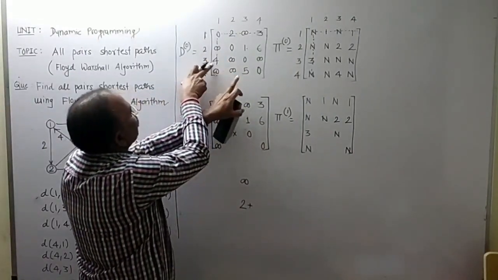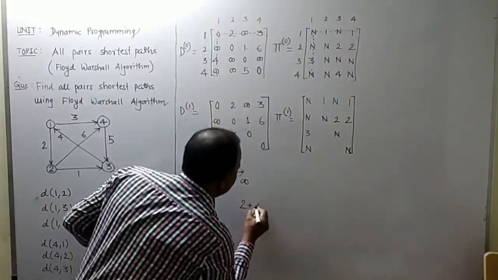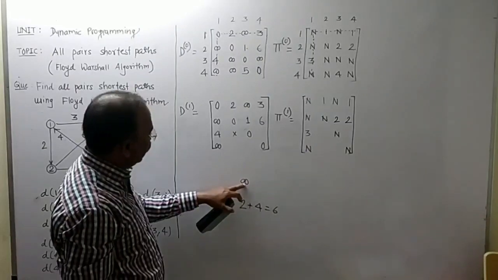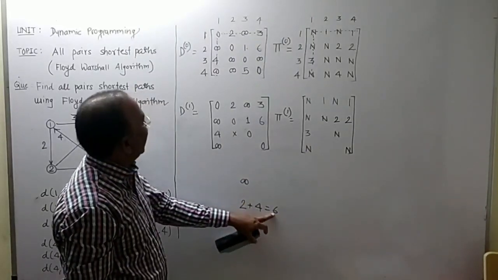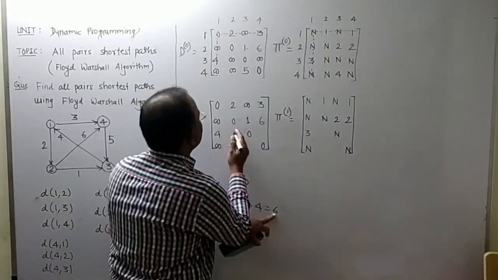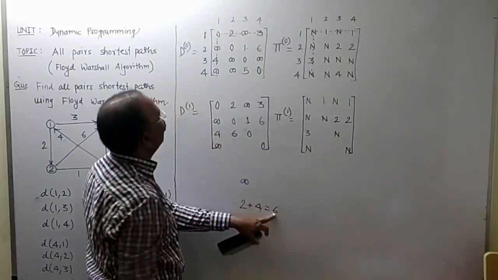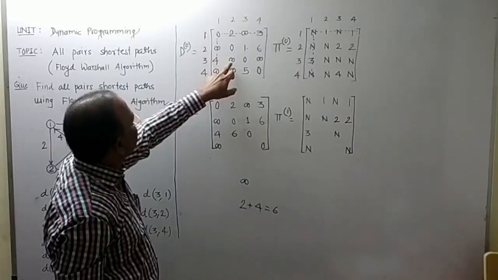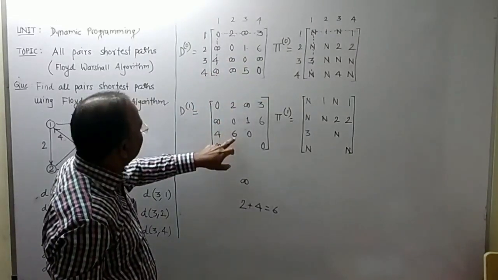Here the value is 4, right? 4 plus 2 is equal to 6. Now here we have got two values, infinity and 6, and the minimum is here the 6. Now the value is changed. In D0 value is infinity and in D1 value is 6.